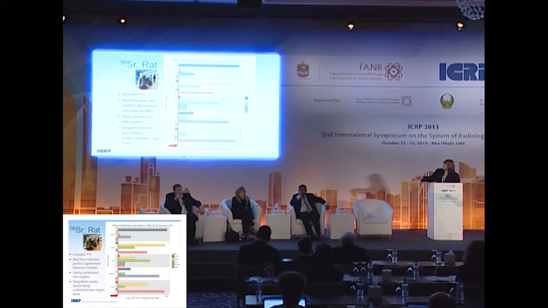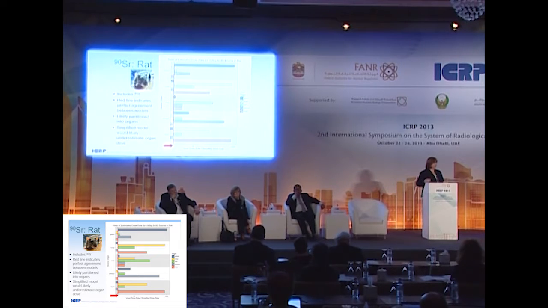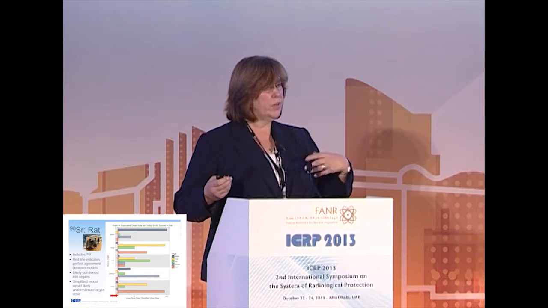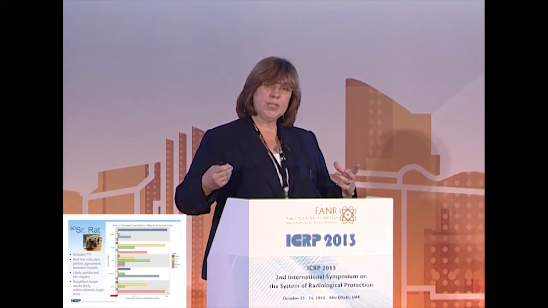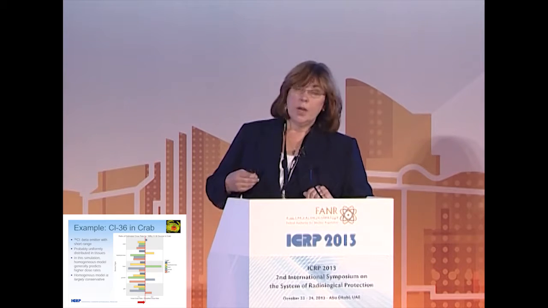And what this shows is that the simplified model would likely, under these circumstances, underestimate the organ doses. So this is an example where we're comparing a highly partitioned nuclide and the dose that's delivered to a variety of organs versus taking that same activity and just distributing it throughout the organism. And again, strontium-90, largely a beta emitter.